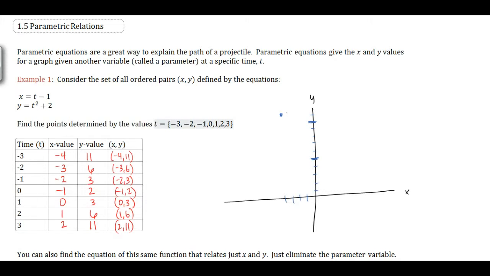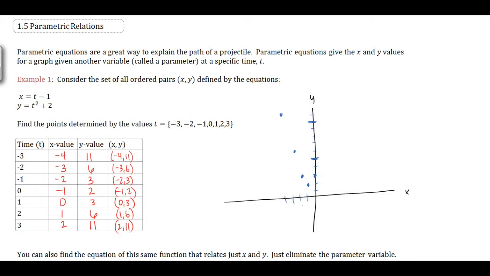That was 3 seconds ago. And 2 seconds ago, it was at -3, 6. And then a second ago, it was at -2, 3. And then right now, it's at -1, 2. And then in a second, we would expect it to be at 0, 3.